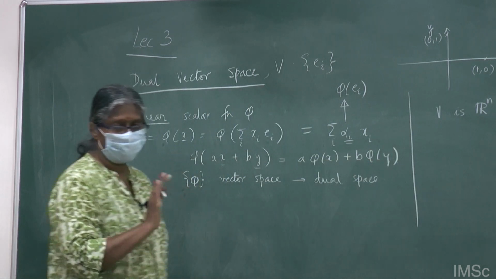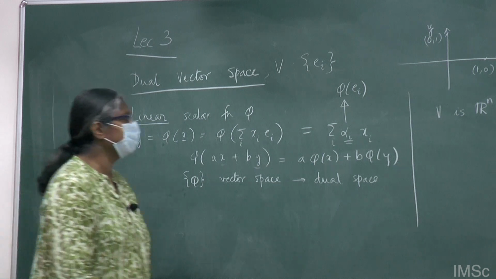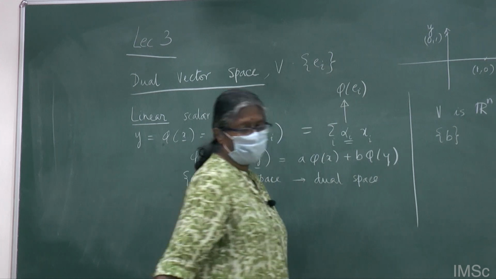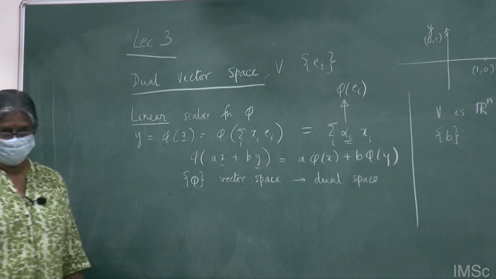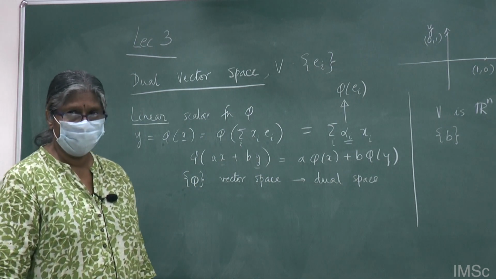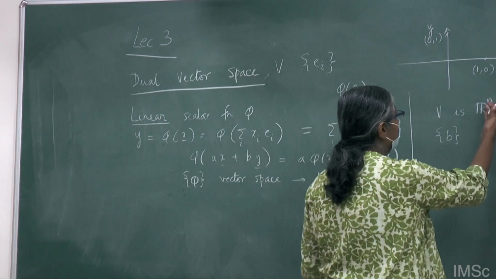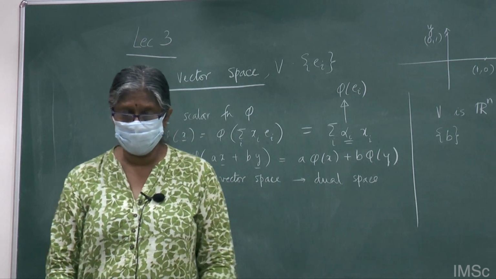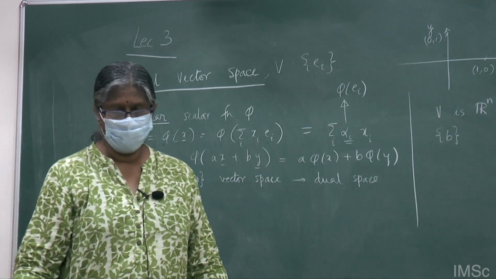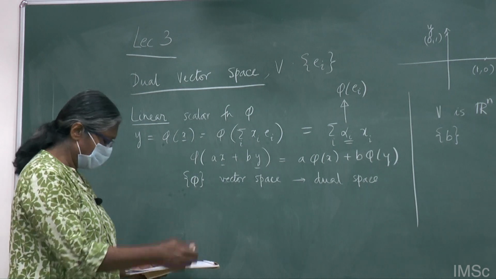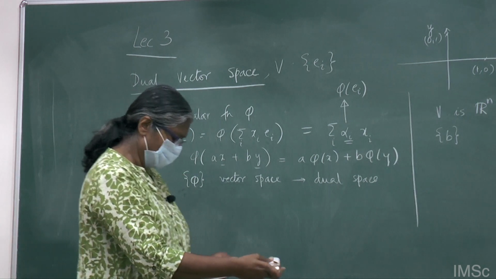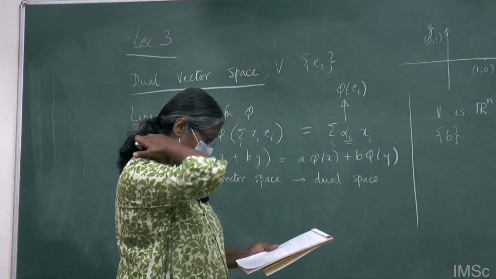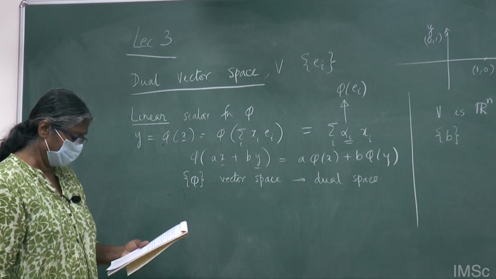Let us say that the basis set over here is the set called B, all the set of vectors which span the space. So that we have already seen, right? E1, E2, E3 up to En, because it is Rn, an n-dimensional vector space, and by Gram-Schmidt orthogonalization we can construct a set of orthonormal basis vectors. But they need not be orthogonal. We already talked about it last class. I will make a clarification about that in a minute, but let me not lose the flow of this argument.